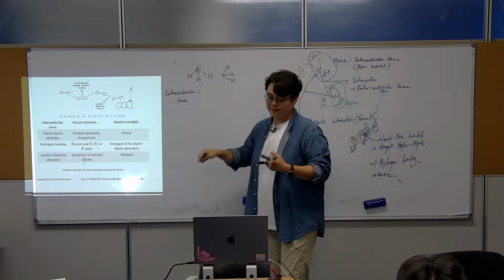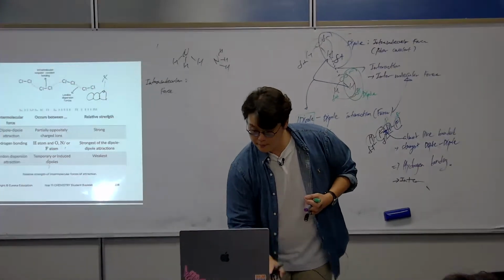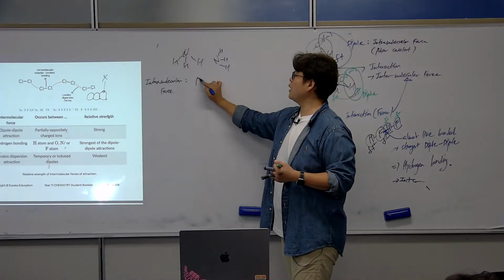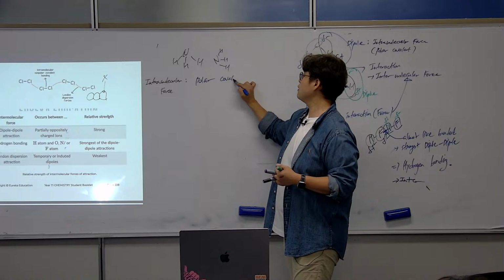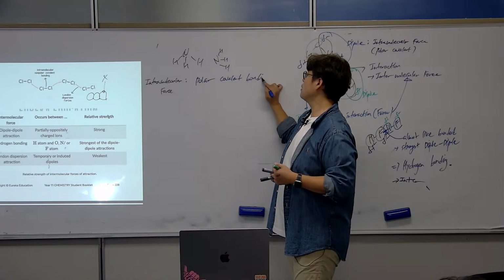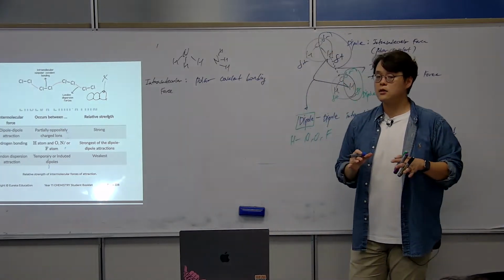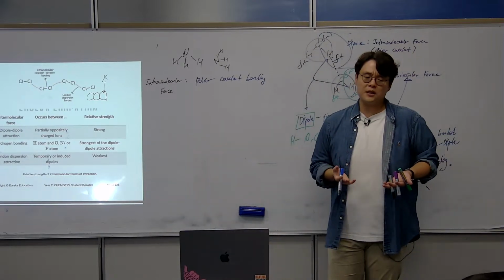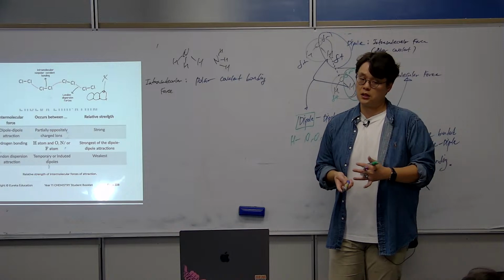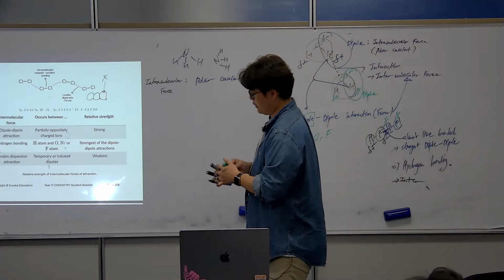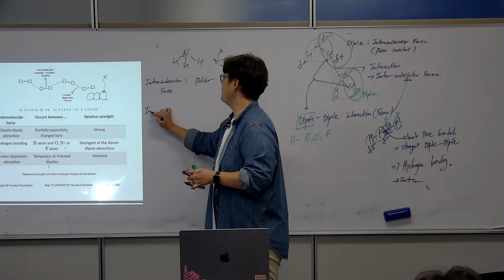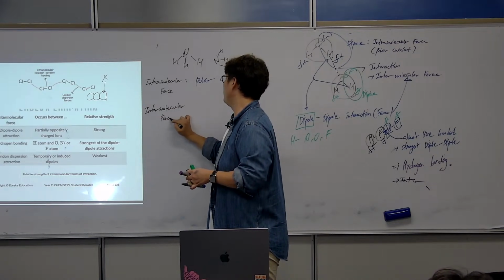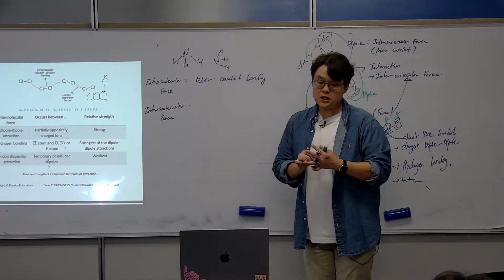There's only one answer. The intramolecular force in ammonia is known as polar covalent bonding. Do not get confused or tricked by the forces. I'm simply asking you what type of bonding they have for the intramolecular forces. Okay? Then, what about intermolecular force?